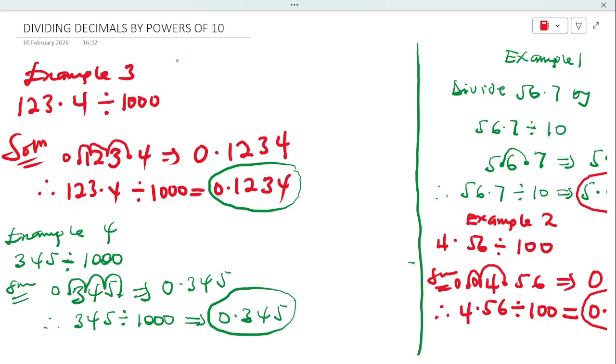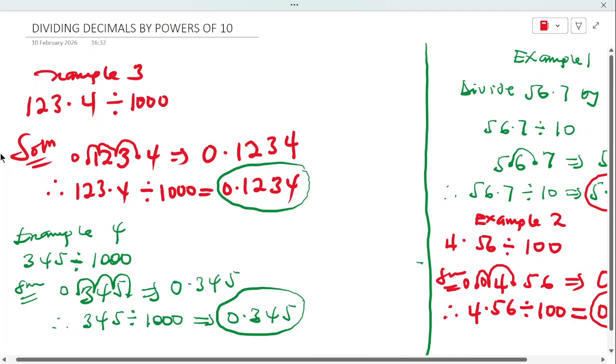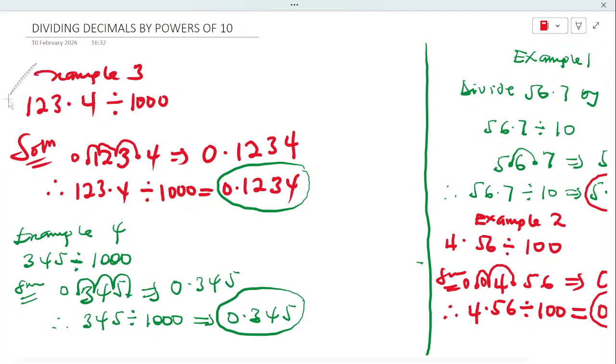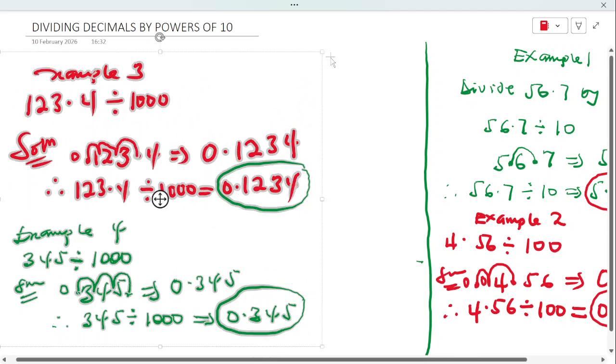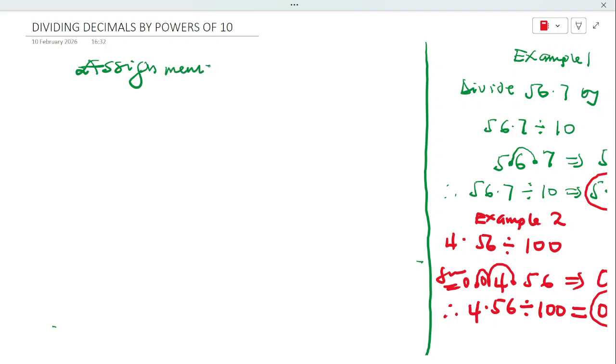So let's look at our assignment for today to try your hands on. So take your notebook, you can pause the video, solve it, and then come back to confirm if your answers are correct. So we have assignment. Question number 1, we have 78 divided by 10. Number 2, we have 9.87 divided by 100.